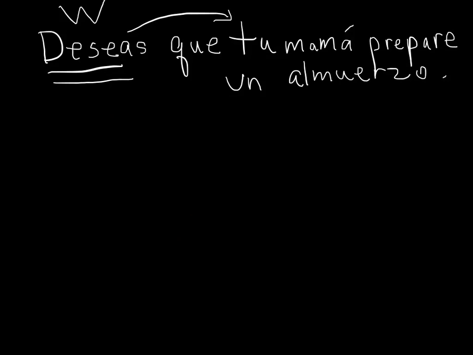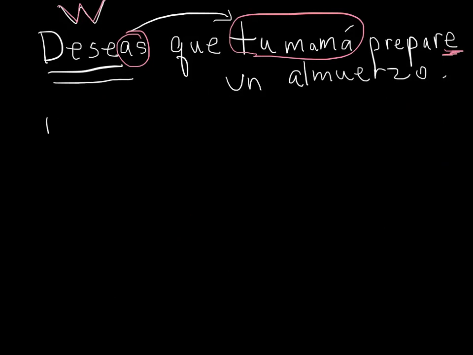The reason that subjunctive appears is because you have a change from you to mom. So you see the structure of the sentence. It's got to be two different people. And then some meaning in the beginning of the sentence that expresses your desire, your will, your wishing, your wanting about what someone else does.